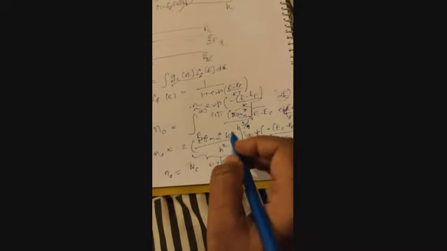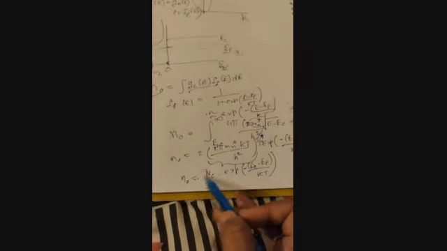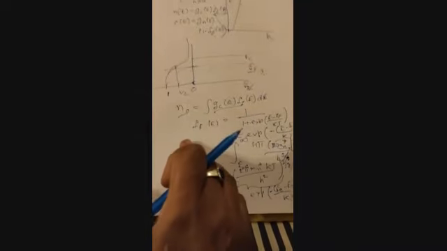So n0 is equal to NC exponential minus (EC minus EF) upon KT. So the value of n0 will depend upon NC.